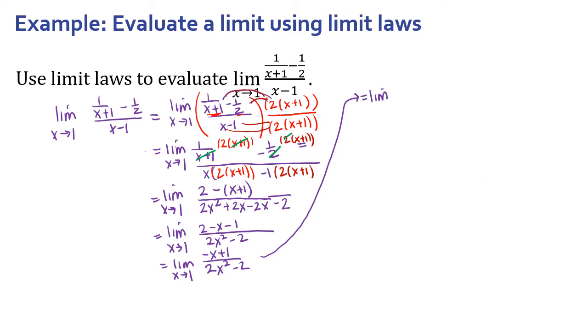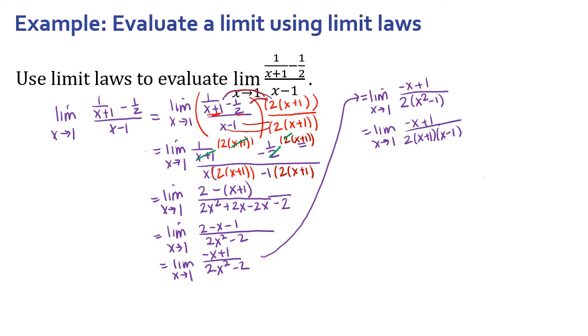All right, so I'm going to show you a fancy factoring thing. But before I do that, I'll factor the bottom so you can see why I'm going to do the fancy factoring. So this is going to factor into 2 times x squared minus 1, which gives us negative x plus 1 over 2 times x plus 1 times x minus 1. So right now looking at this, I see that, shoot, it doesn't look like anything is going to factor.